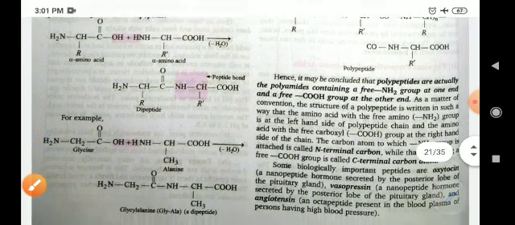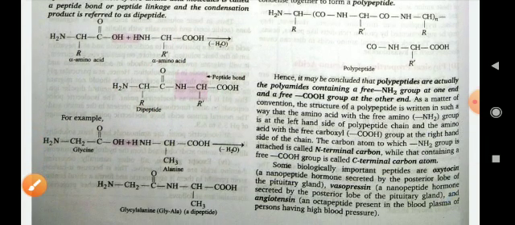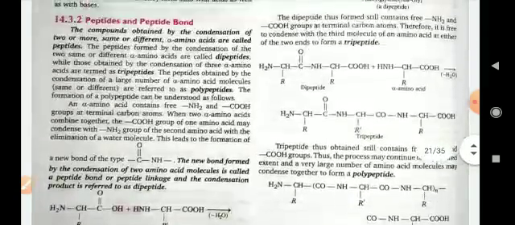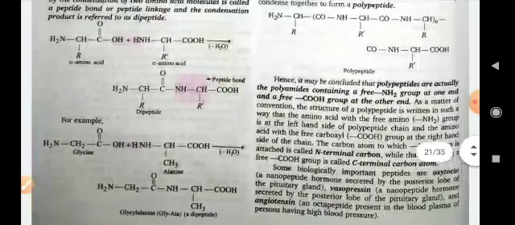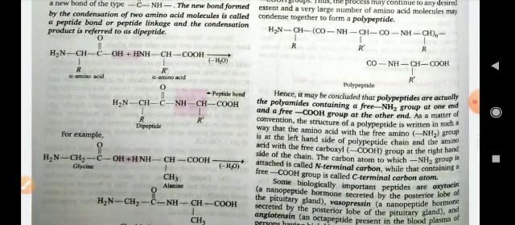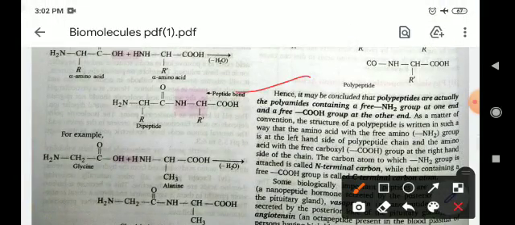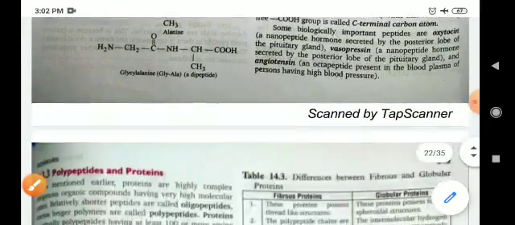If three moles of amino acid condense and form a product, then it will be known as a tripeptide. So dipeptide, tripeptides and tetrapeptides, and finally polypeptides. Hence it may be concluded that polypeptides are actually polyamides containing a free NH2 group at one end and a free COOH group at another end.